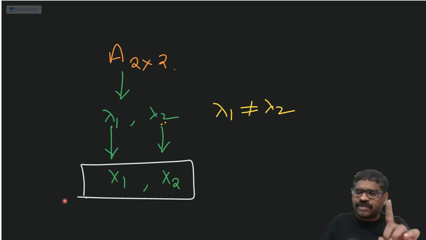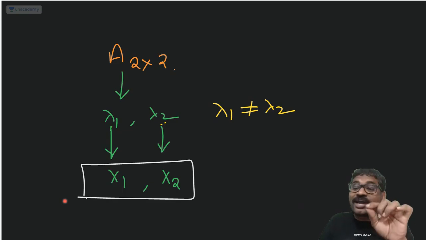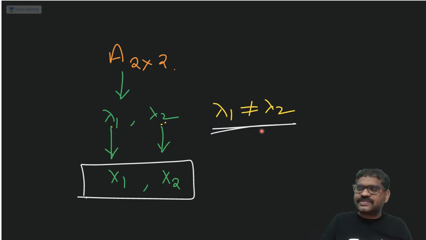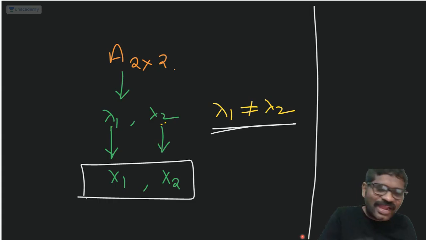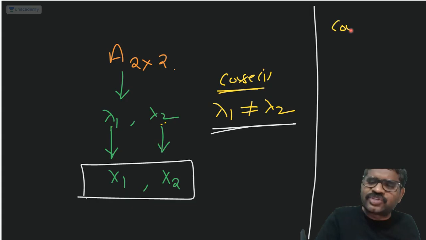For one eigenvalue, there is one eigenvector, if eigenvalues are distinct. This is case 1. Now case 2.